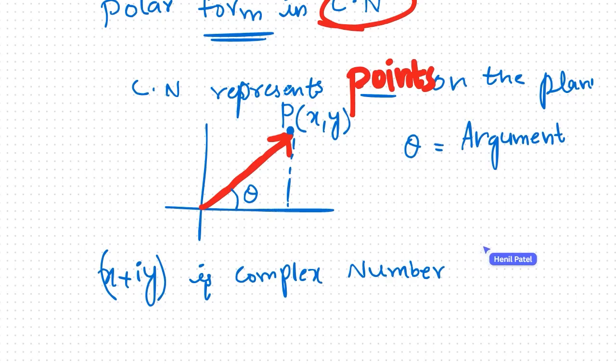Here to here it is x, and here to here it is y, right?